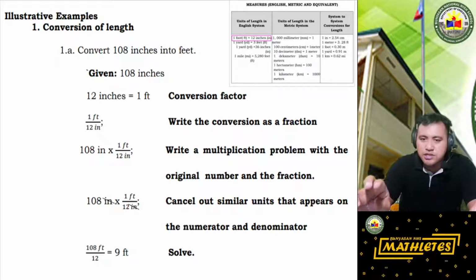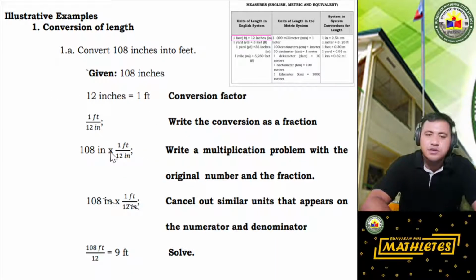The unit inches will be in the denominator. So that makes 1 feet over 12 inches. Why? In order to cancel the inches unit.